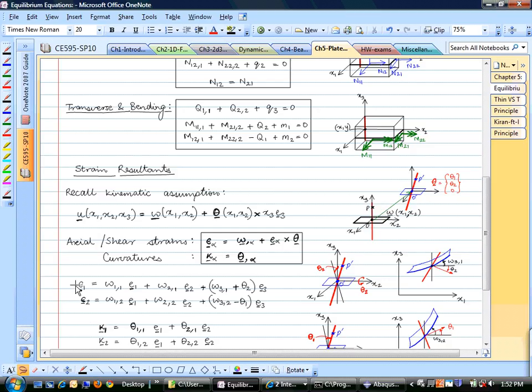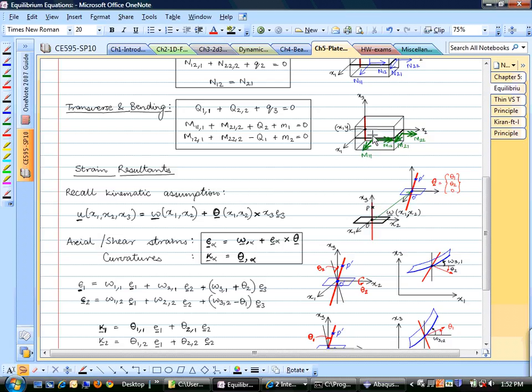And if you just write out the strains and the curvatures, you can actually see the physical meaning of this also. So E11 is the strain, or E1 is the strain in the one direction. This is omega 1, the displacement in the one direction with respect to 1. So you can imagine that is the extension in this direction.